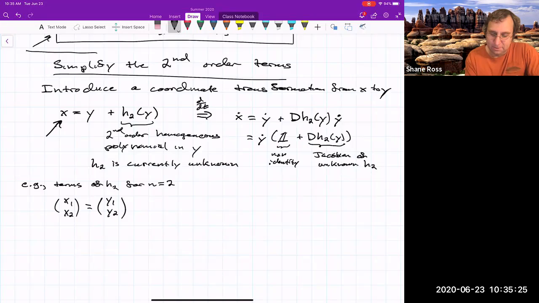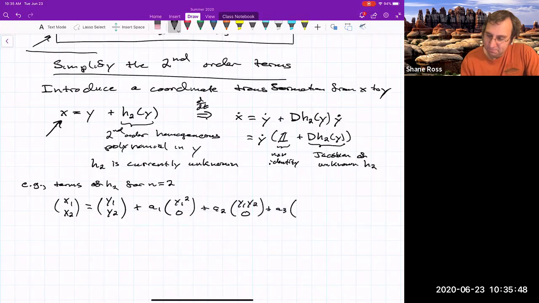So that's the identity part. And then we have a bunch of unknowns. A1 times, and here's a second order part of the polynomial, y1 squared in the first slot, plus A2 y1 y2 in the first slot, plus A3 y2 squared in that first slot.